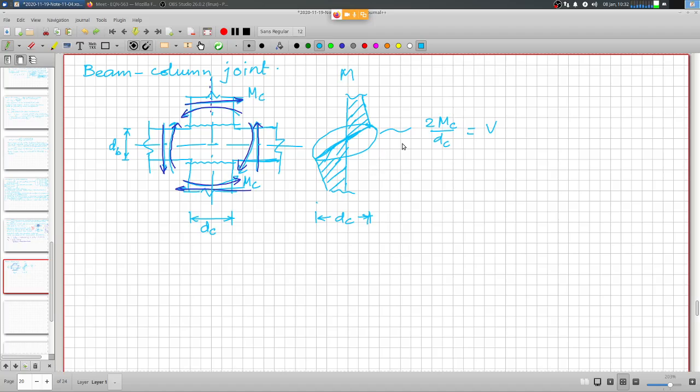That is the shear. Now, shear in joint due to moment reversals.